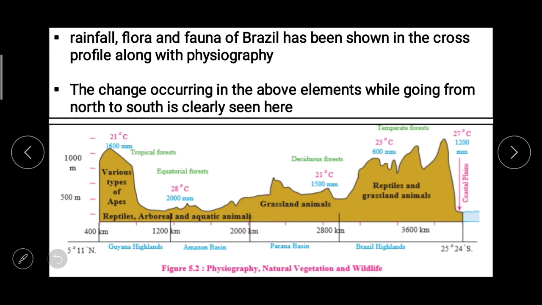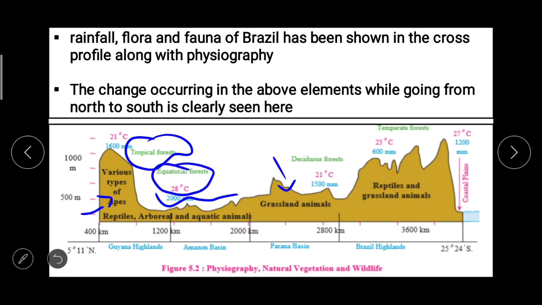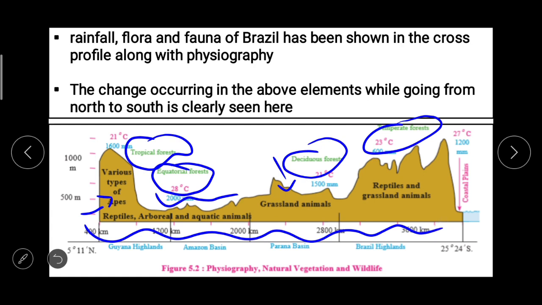In figure 5.2, rainfall, flora and fauna of Brazil have been shown in the cross profile along with physiography, and the change occurring in these elements while going from north to south is clearly seen here. Here you can see various types of apes, reptiles, and then the change in the fauna. Here are grassland animals. You can also see the types of forest: tropical forest, equatorial forest, deciduous forest, temperate forest, and how it is changing in this cross profile.